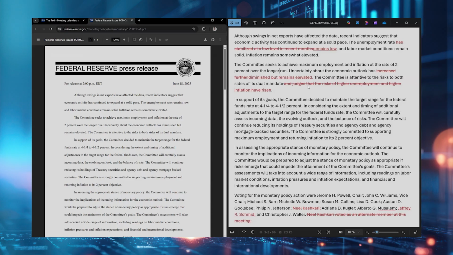So what they actually did was maintain the interest rates at the target range of the federal funds rate of 4.25 to 4.5, and we can see that right here.